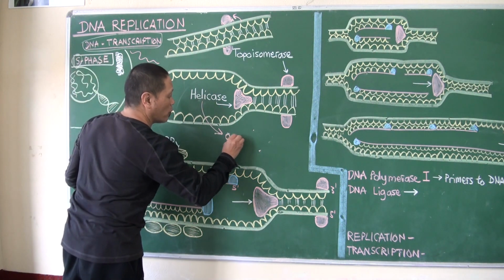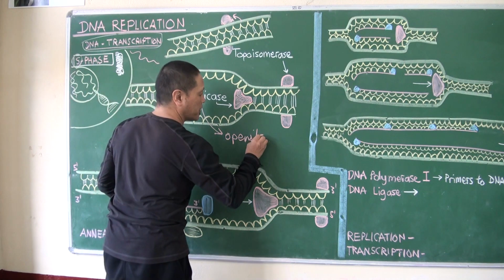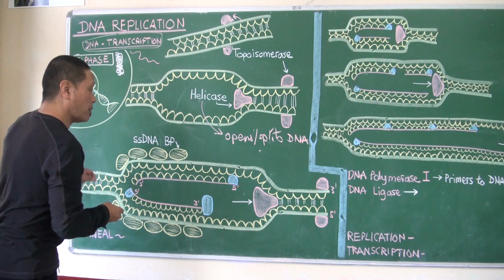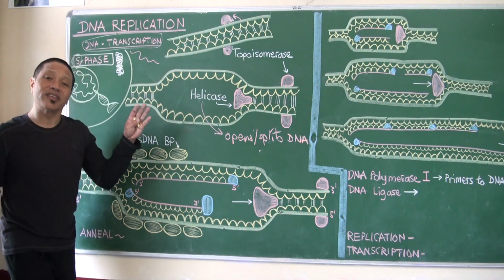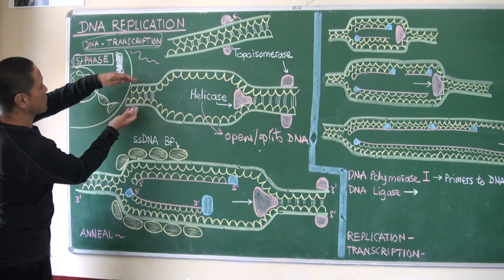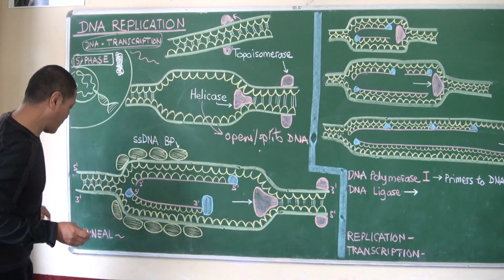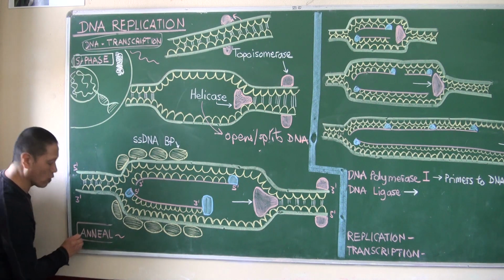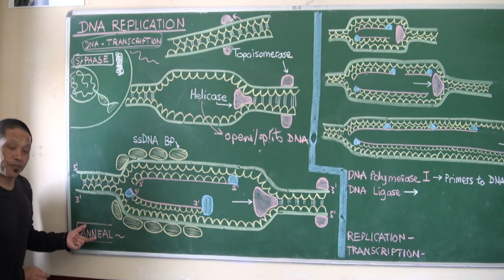Helicase opens up or splits the DNA. But the DNA strands have a strong tendency to fall back and stick and form the bonds again. That process is known as annealing.